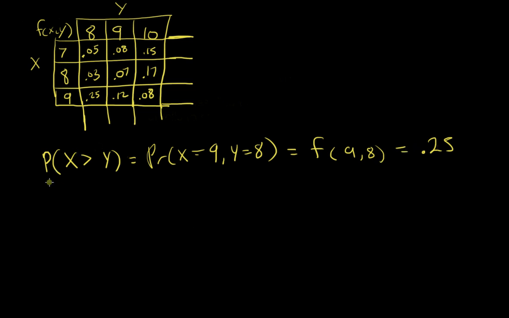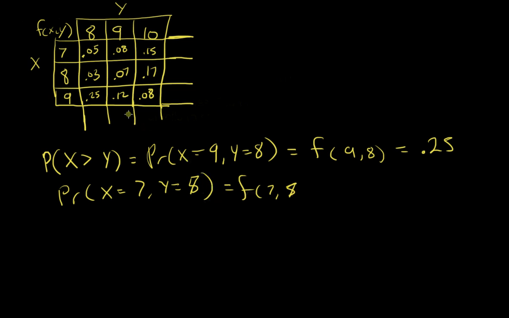Also, what if I were to ask, what is the probability that x equals 7 and y equals 5? You just go straight to the table. That's f of 7, comma, not 5, sorry, 8. Y equals 8.